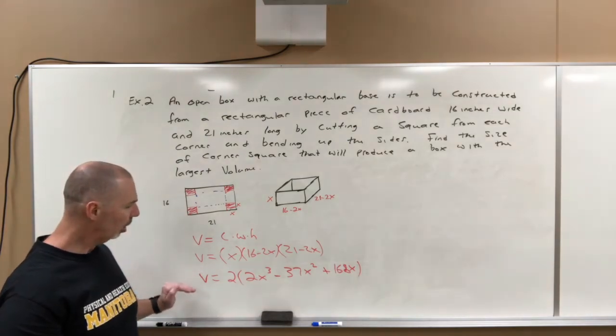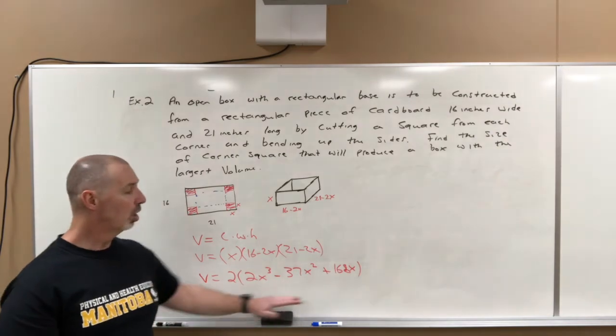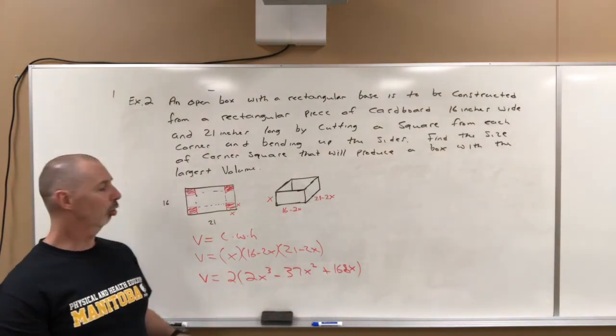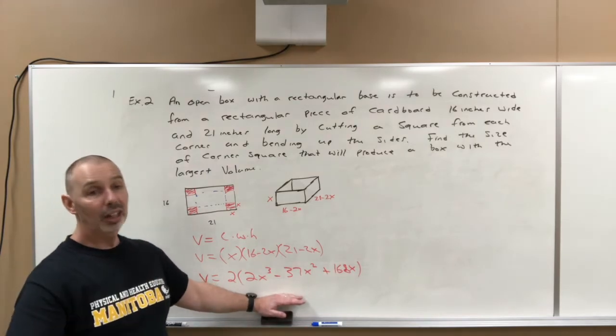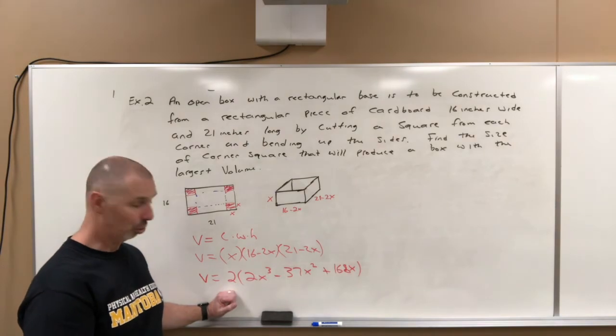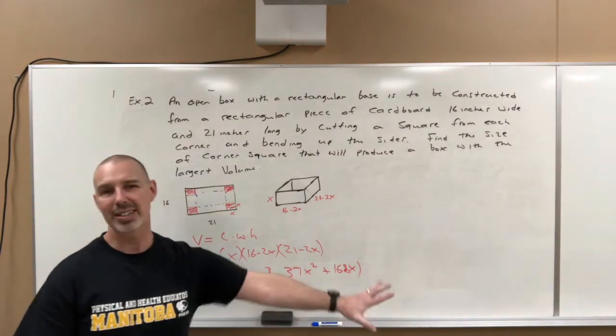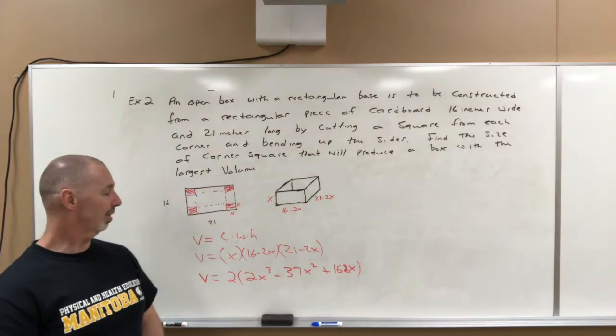So now I want to take the derivative of this. And again, you can see this as a product rule. It's 2 times this. So when we take the derivative, it's going to be 2 times the derivative of the piece in the brackets plus the derivative of 2, which is 0, times this. So we don't need that second part. We're just going to do 2 times the derivative of this second piece.